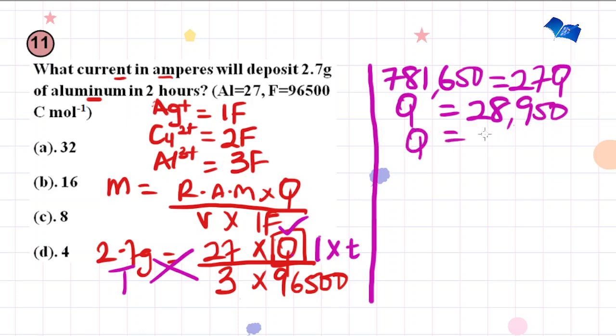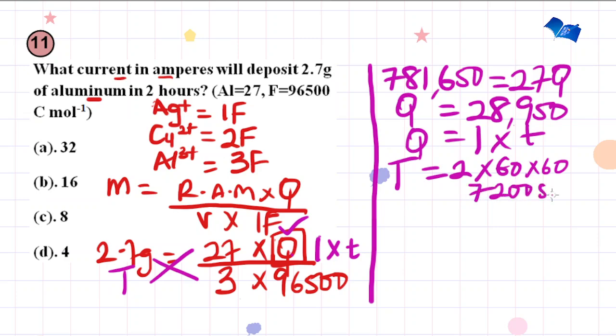Now remember that Q is current in amperes times time in seconds. So we're going to change our time to seconds. We have 2 hours. We will change it to seconds by doing 2 times 60 minutes times 60 seconds. We have 7,200 seconds.